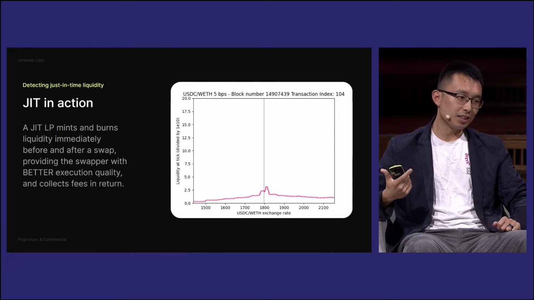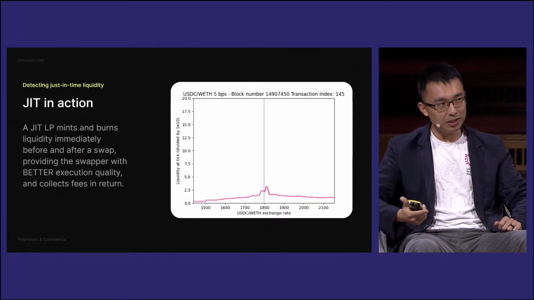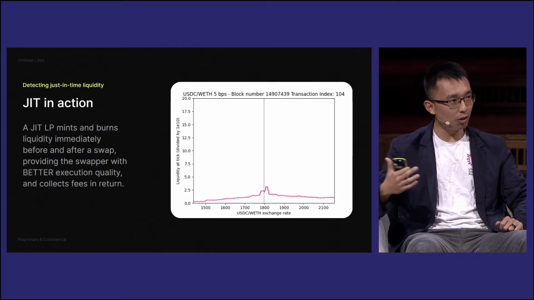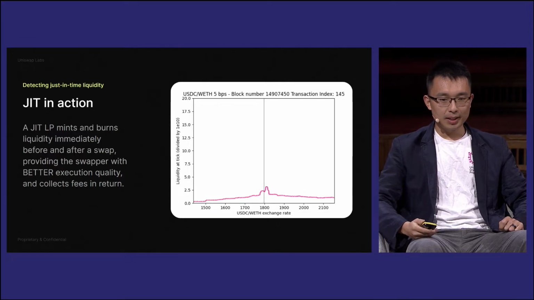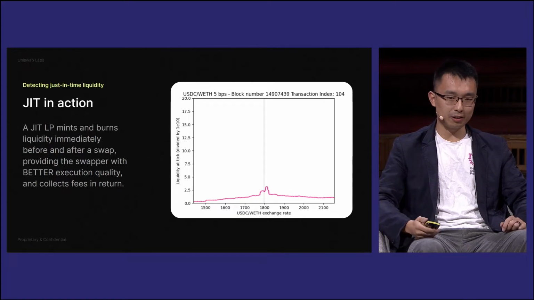It tells us the competitive dynamic between LPs, and it also tells us the level of sophistication overall of participants in the Uniswap protocol. So we want to monitor this to guide future protocol developments.